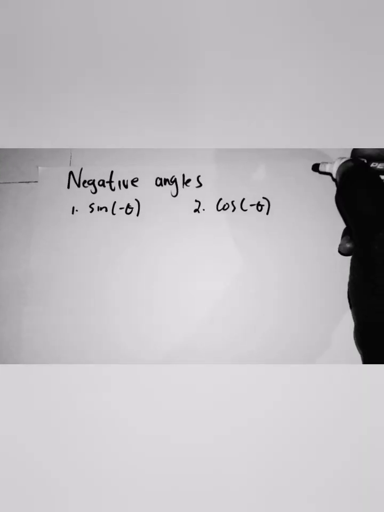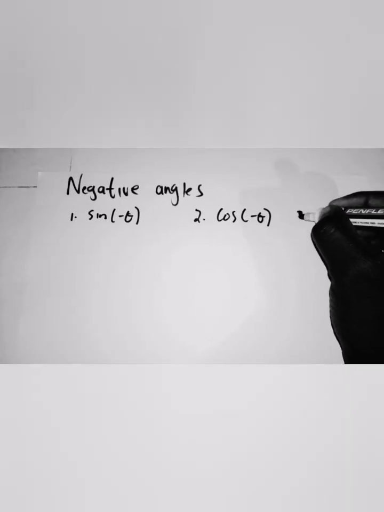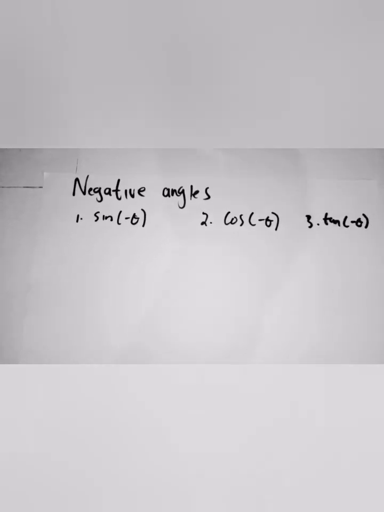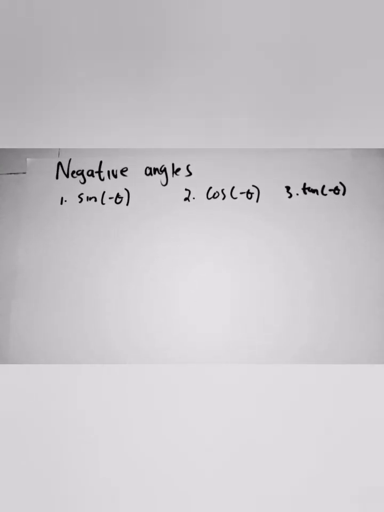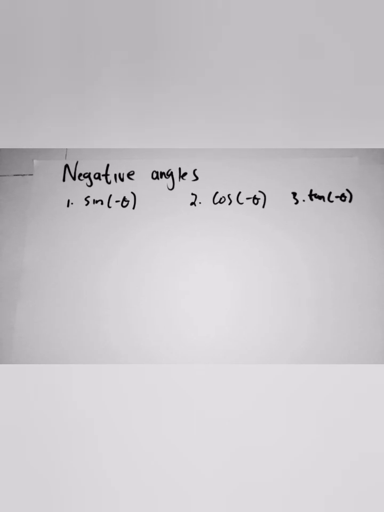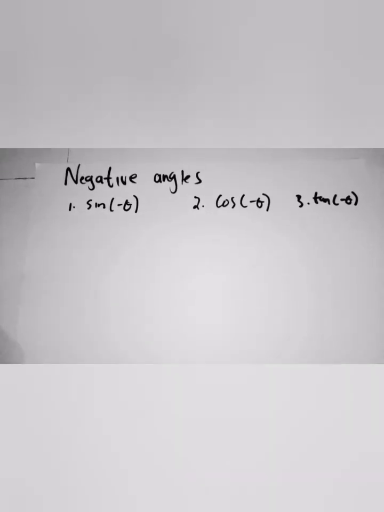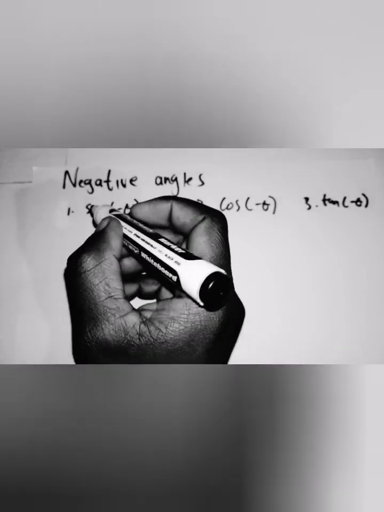Remember, I've discussed that with you guys on trig identities. So tan negative theta, and these are negative angles. What you need to know about negative angles is that they are on the fourth quadrant. That's very important for you to know.